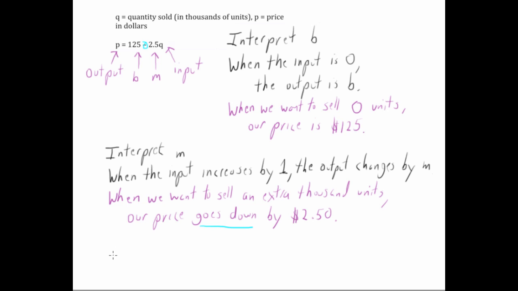If it helps you, think about it like this. Whenever we're talking about M, that is negative 2.5. And if we want to think about the units, that's units of output over units of input. Units of output are dollars. Units of input are thousands of units sold.